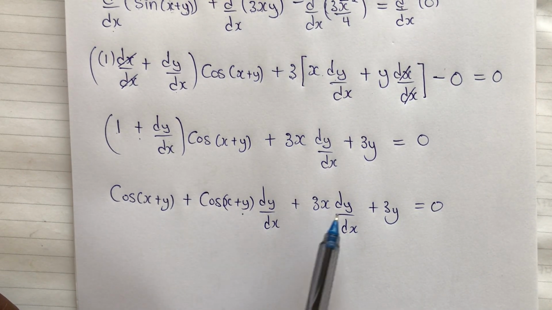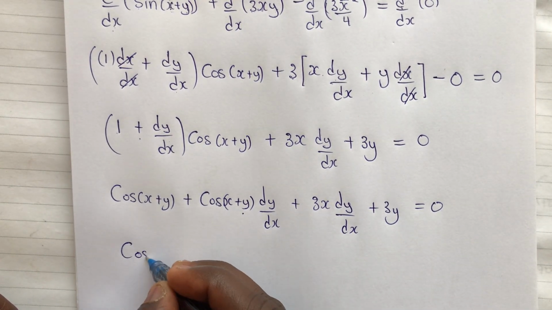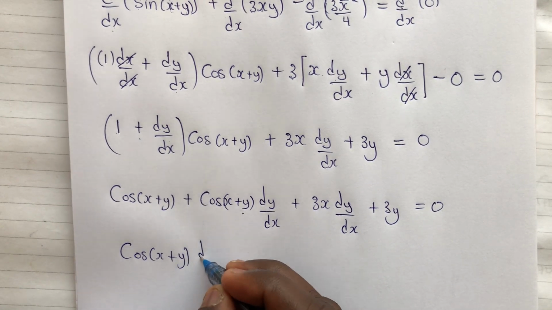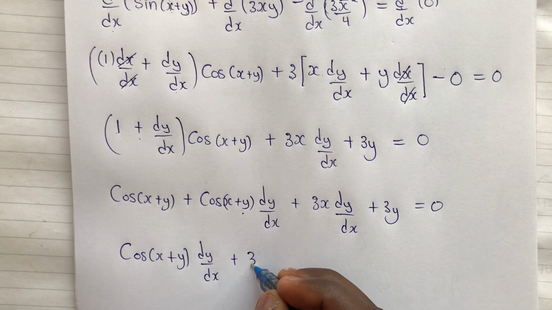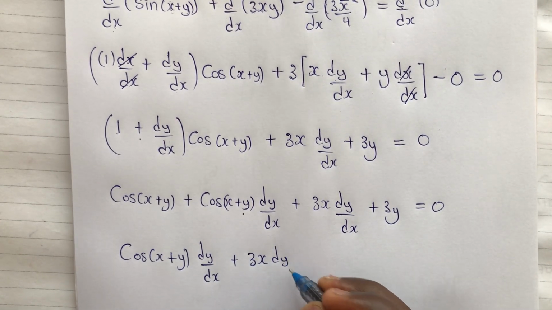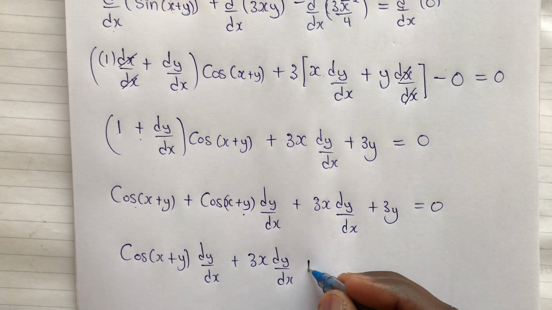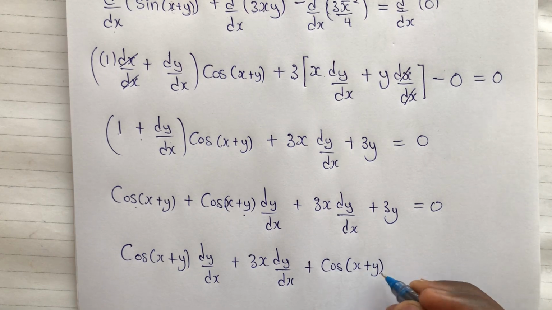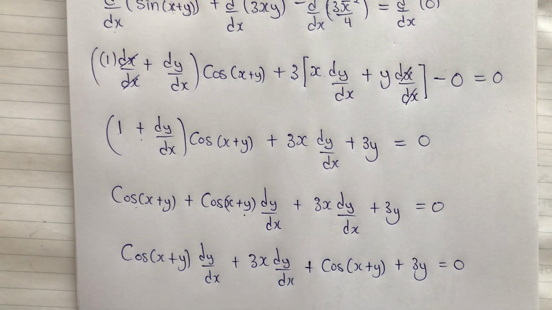So I have one here, I have another one here. So let's start with this one: cos(x + y) dy/dx plus this side 3x dy/dx. Then we can write this function plus cos(x + y) plus this one 3y equal to 0.